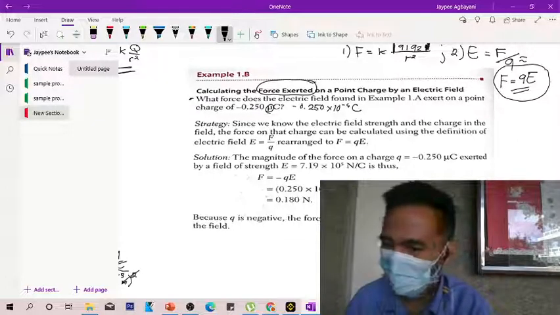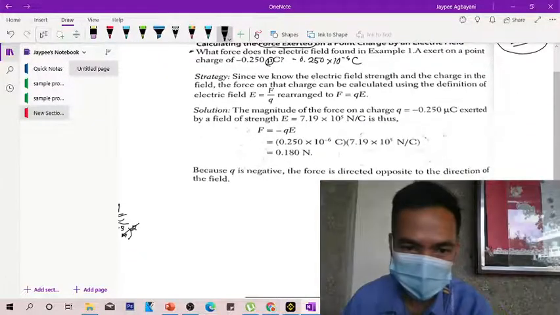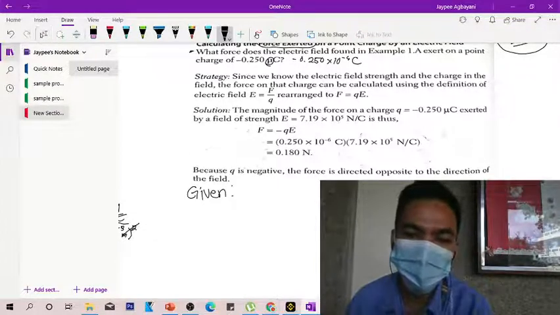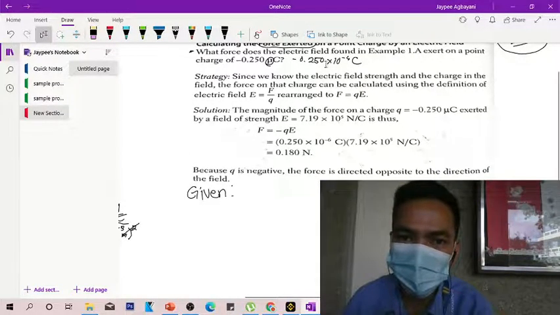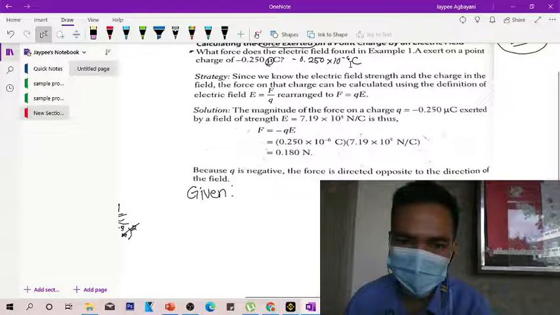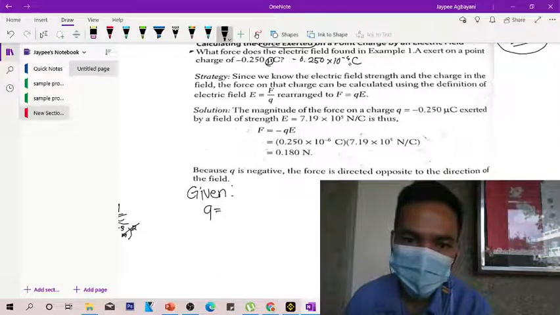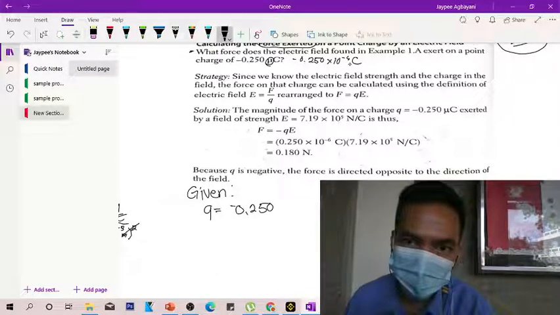Okay, so let's start with the given. We have the charge, which is negative 0.250 times 10 to the negative 6 coulomb.